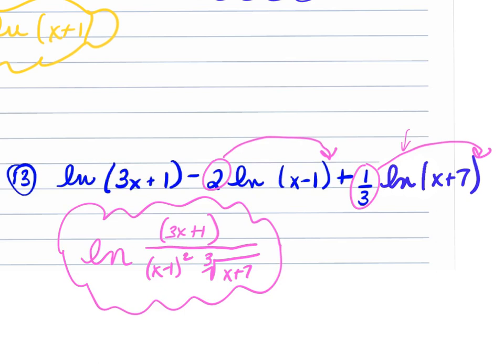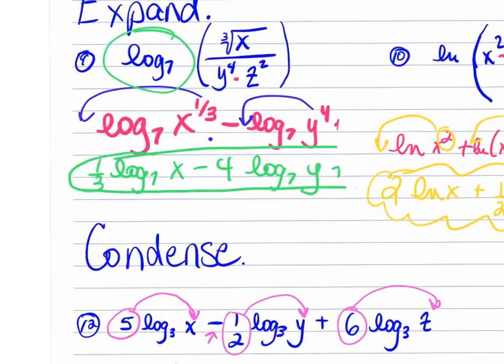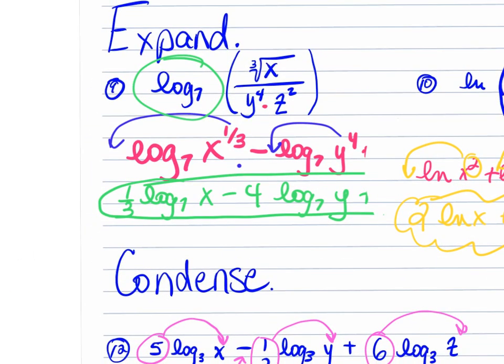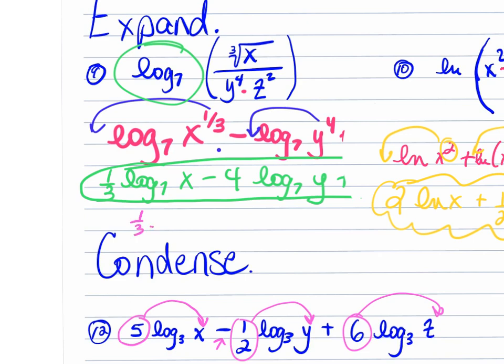How we doing? Good? Hayden? I have a question about number 8. Okay. You said, what was the answer? The answer would be 1 over 3 log base 7 of x minus 4 log base 7 of y. Oh, not that one.